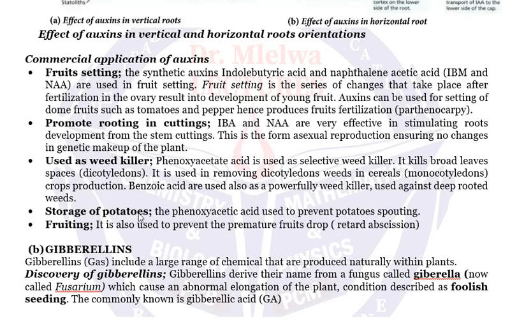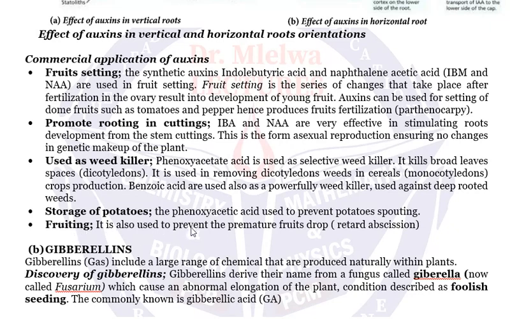Also we have storage of potatoes. Auxin can also be used to prevent potato spoiling, so you can store them for many days without any effect. Also we have fruiting.